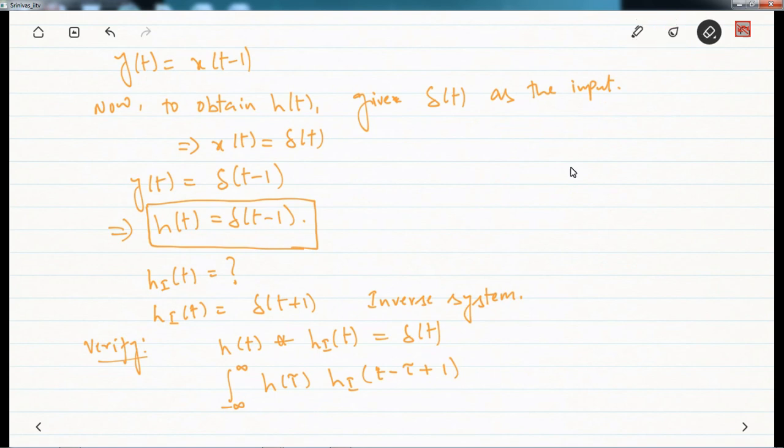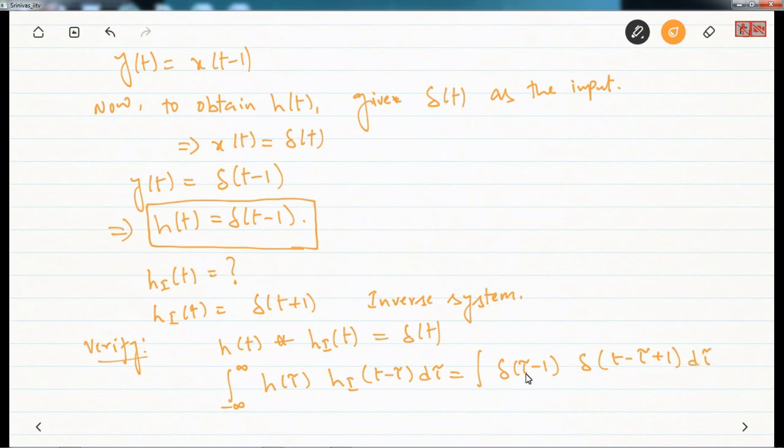So we can write this as the integral of h of tau, which is delta of tau minus 1, times hi of t minus tau, which is delta of t minus tau plus 1, d tau.